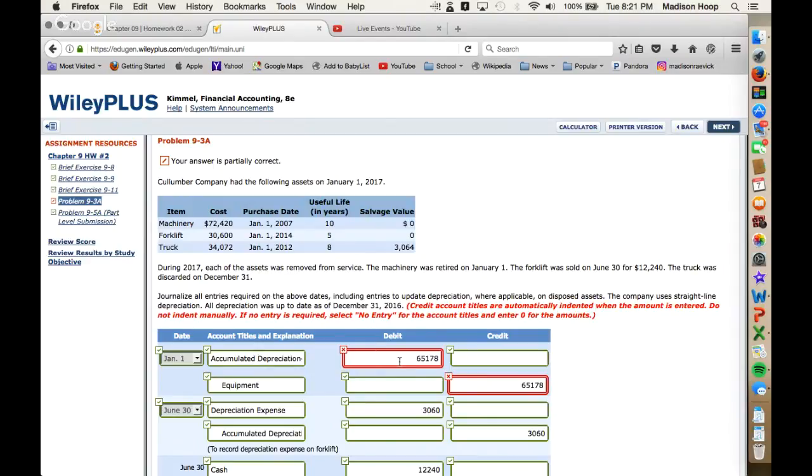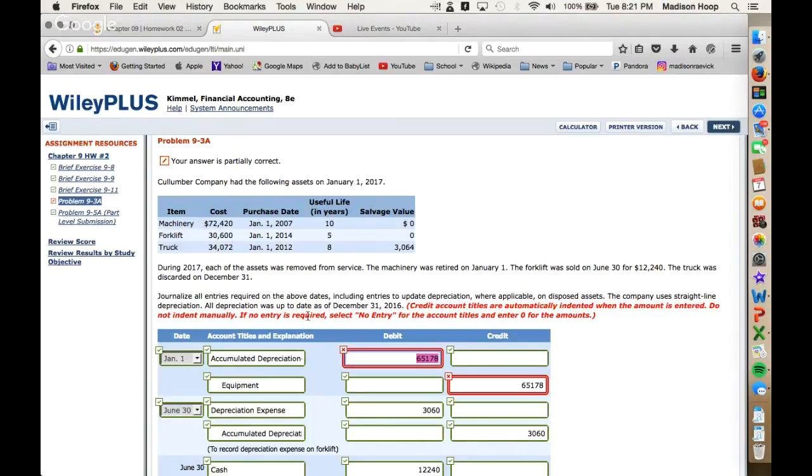Now, since it was accumulated depreciation, I had a little trouble figuring this part out. After looking at it, I think it would be just the entire amount of the accumulated depreciation.